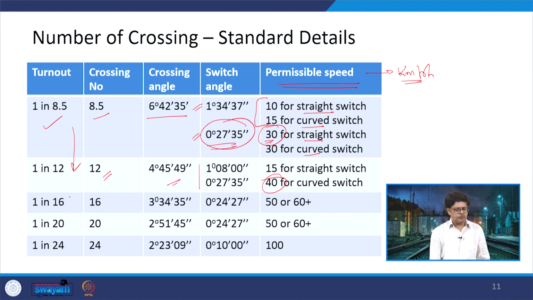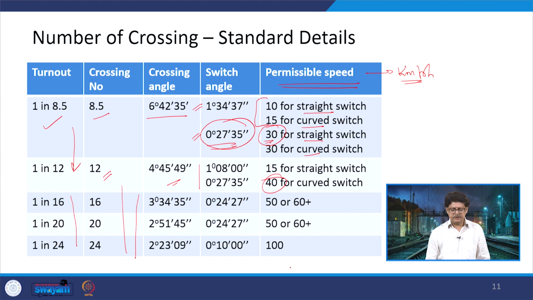Similarly, if we talk about 1 in 16, 1 in 20 and 1 in 24, for the N values of 16, 20, 24 respectively, there will be crossing angles alpha 1, alpha 2 and alpha 3, which we can calculate based on the formula. We will use the IRS formula, the Coles formula, for finding out these values. So, you can try by yourself and see whether you are getting this angle or not.